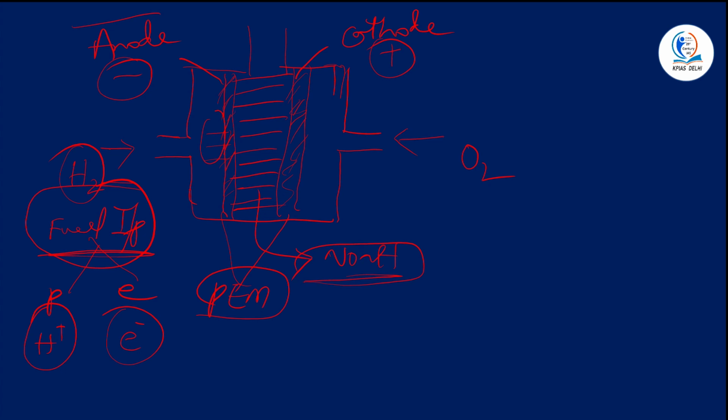Heat is created and electricity is generated. Electrons flow through this external circuit, creating an electrical current, which can be harnessed to power any sort of machines or engines. This is how chemical energy is converted to electrical energy with the help of a fuel cell.